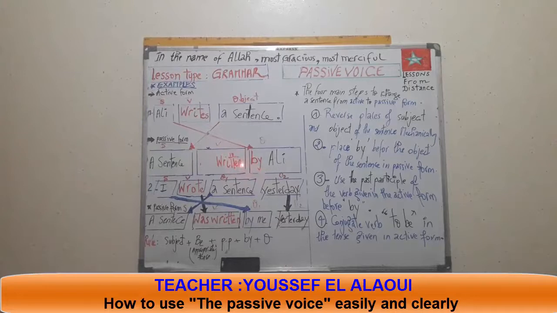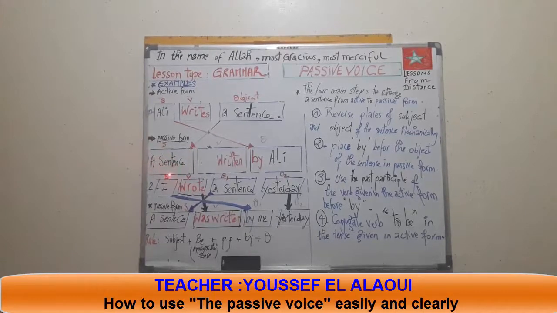To come to the last step, conjugate the verb to be in the tense given in active form. Here in this sentence, we have write, simple present. We need to conjugate here the verb to be in simple present regarding the form of the subject. Is it singular or plural?